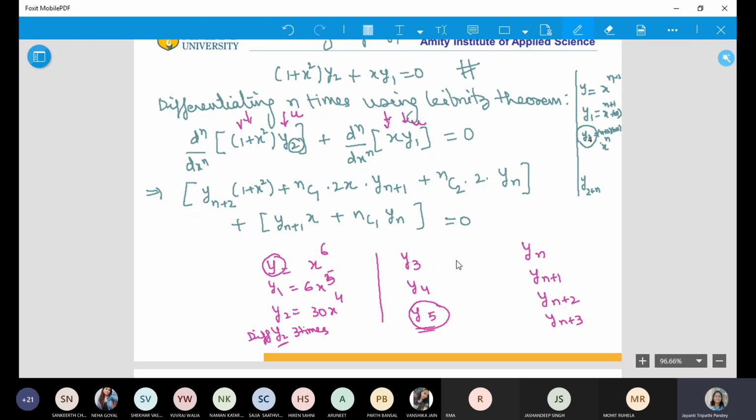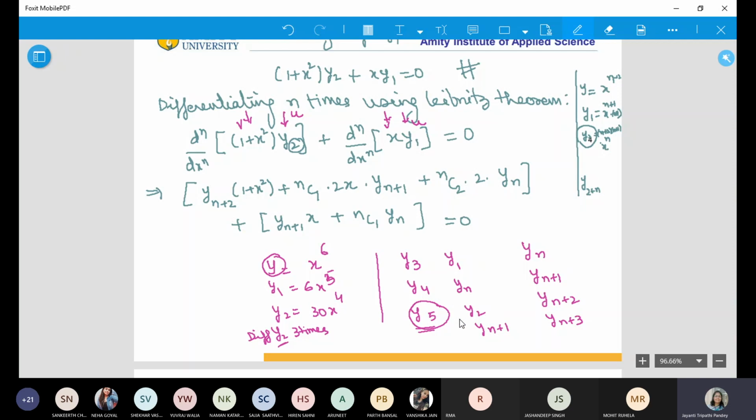Similarly, suppose you have y1 and you are differentiating it n minus 1 times, then you will get yn. You have y2 and you are differentiating it n minus 1 times, then you will get yn plus 1, and so on.